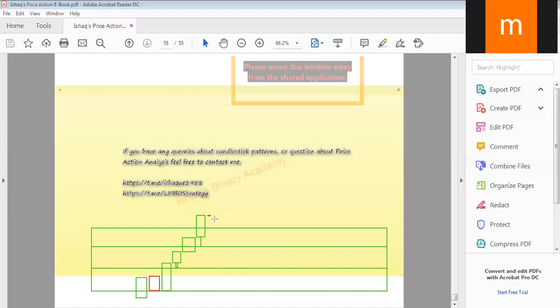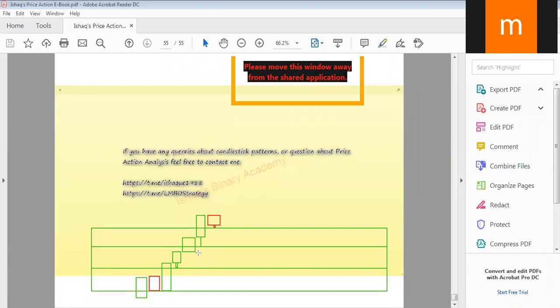In this example, you can see each and every pattern follows support and resistance. Each and every candle follows the support and resistance lines. Sometimes it touches the wick, sometimes it retraces, sometimes it crosses the wick, crossing the level. The market is running like that.